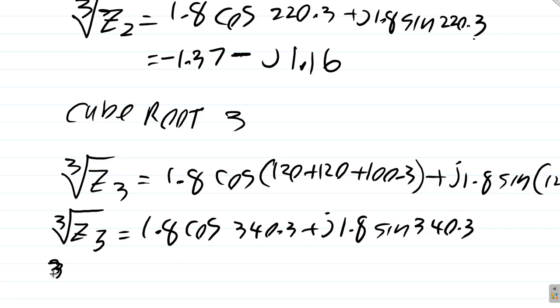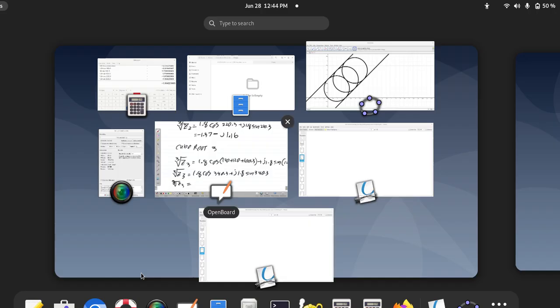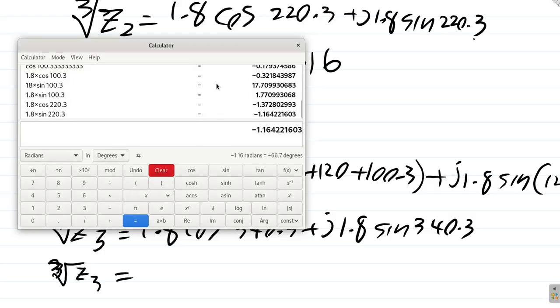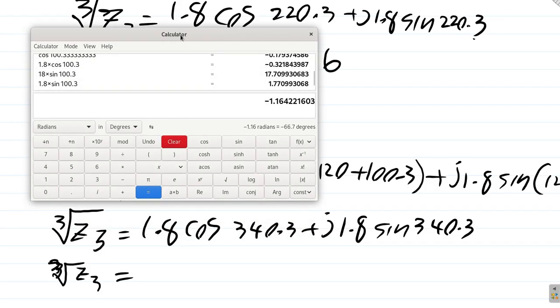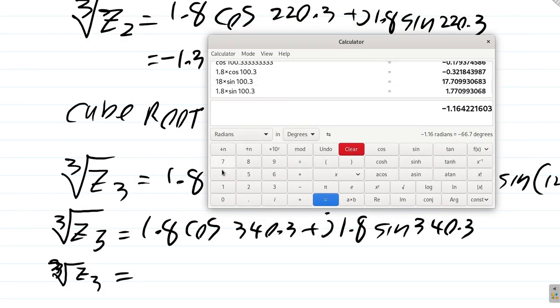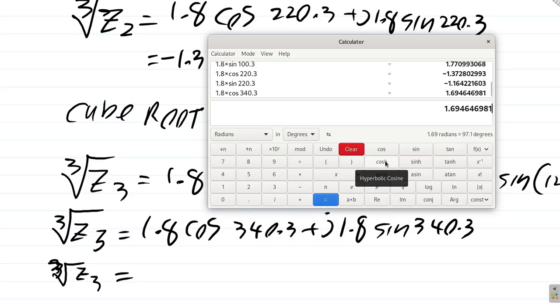So the cube root of z3, let's use the calculator. It is 1.8 times cos 340.3, which equals 1.69.